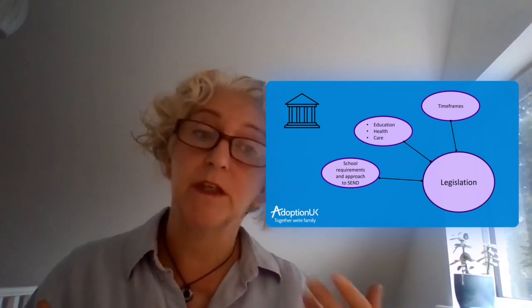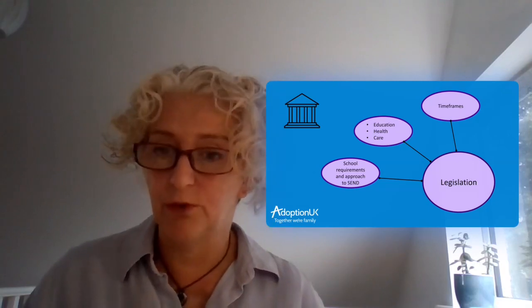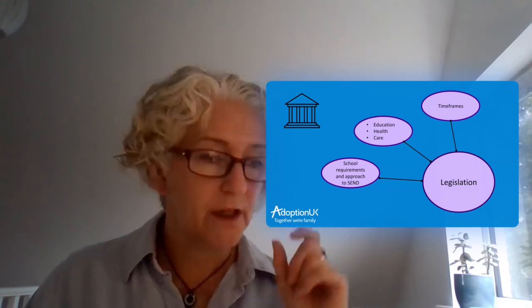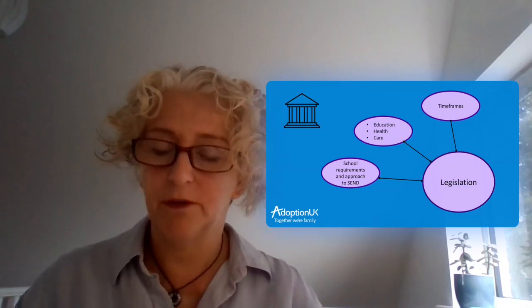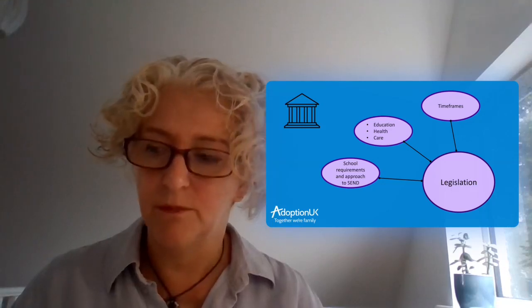Don't sit back thinking somebody's going to contact you when it's your annual review time. Have it in your calendar. I think, no, I'm going to make sure this happens for my child as the timeframes dictate.